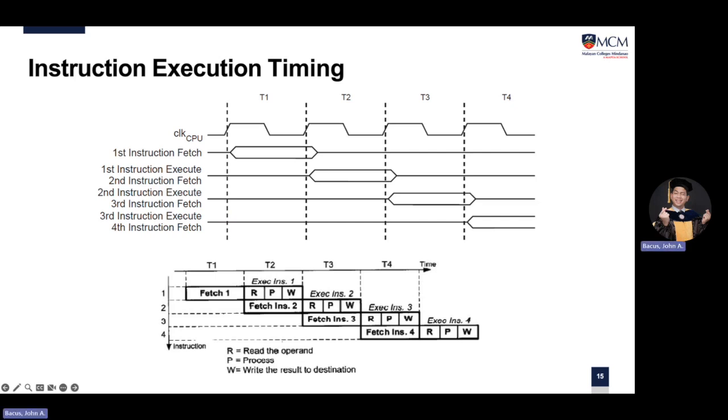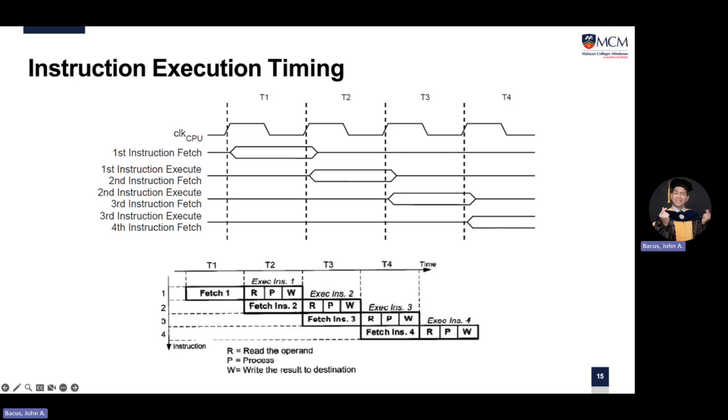The first instruction is fetched in T1 and executed in T2. The second instruction is fetched in T2 while the first is executed, and it's executed in T3. This overlapping continues for the third and fourth instructions.